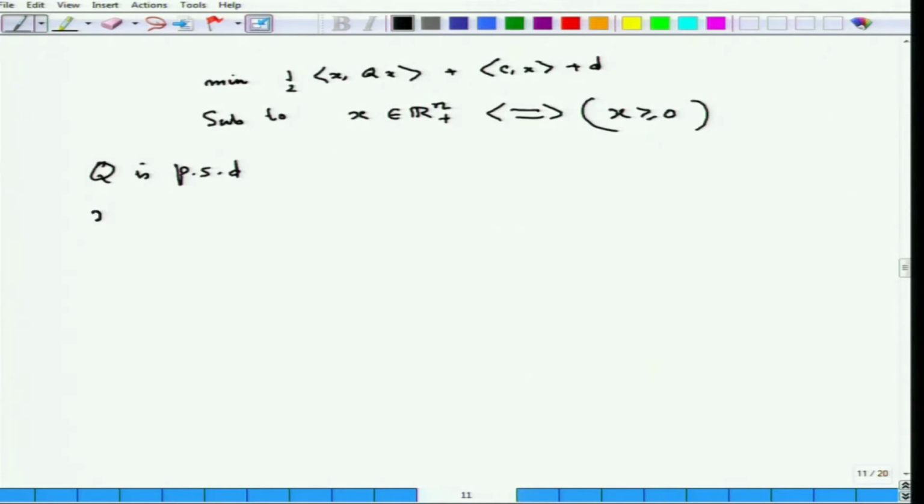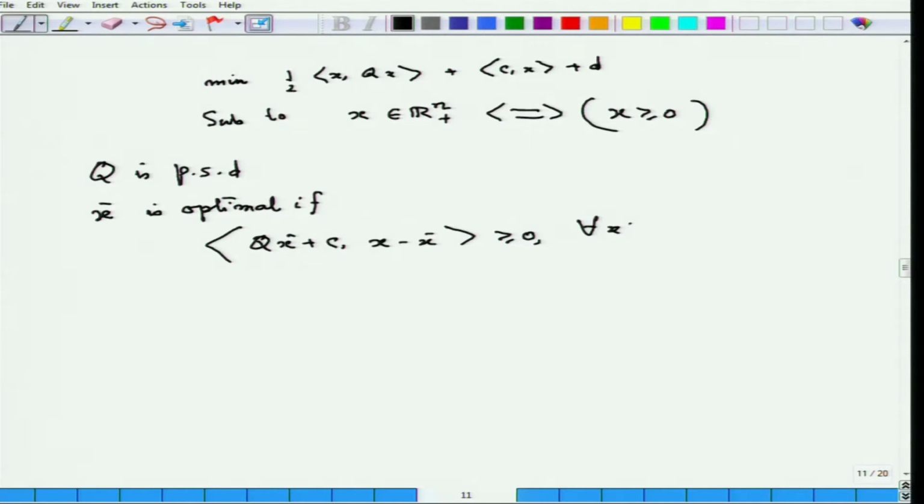Now, x bar is optimal if the gradient at x bar, which is Q x bar plus c, times x minus x bar, is greater than or equal to 0 for all x in Rn plus.